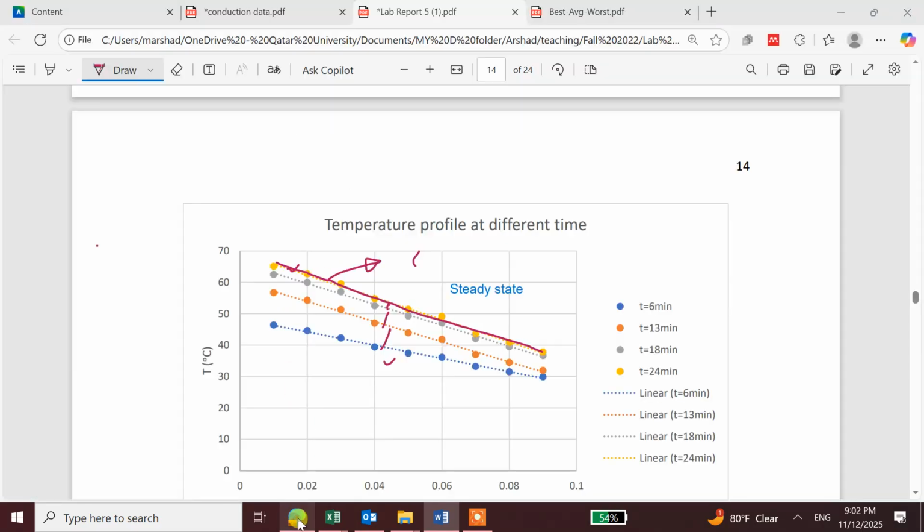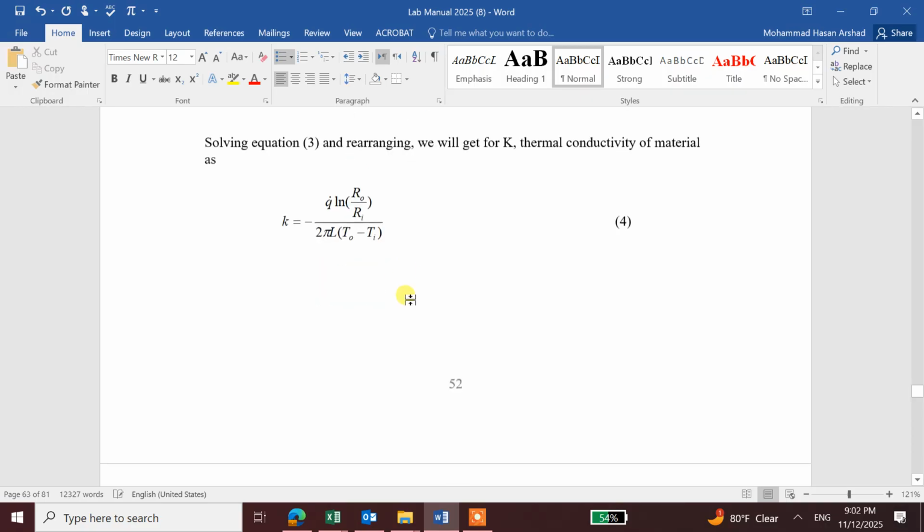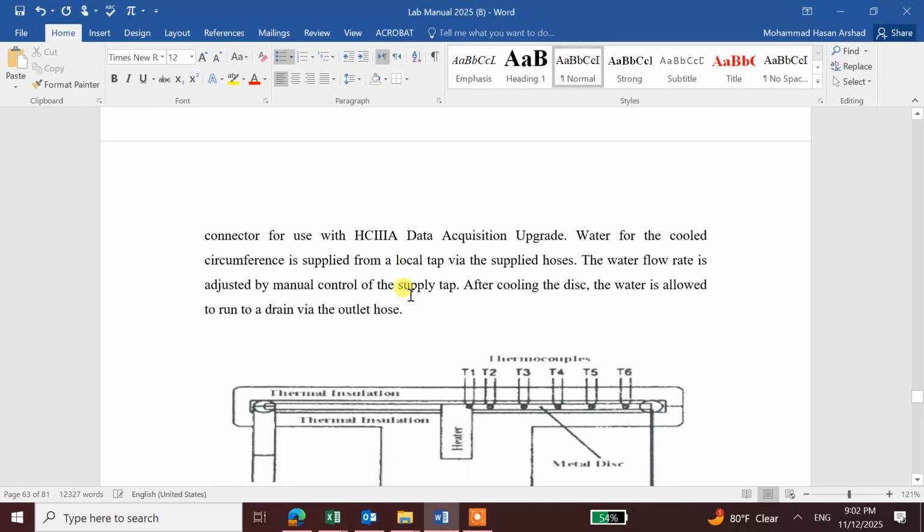Using this one, equation 4 says find the thermal conductivity. T0 is the temperature of the outer, Ti is the temperature of the inner, r0 is the outer radius, and ri is the inner radius. Q is known. So this data, if you look at this, it is here.